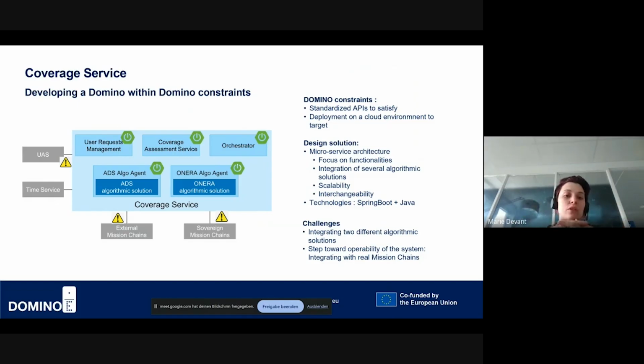If we want to test the ADS algorithmic solution, we deploy only the Docker image that contains that algorithm, and we launch our test with this box. And if we want to test the ONERA one, then we change it, and it allows us to have interchangeable smaller parts of our application. That's what we decided to build with this architecture.